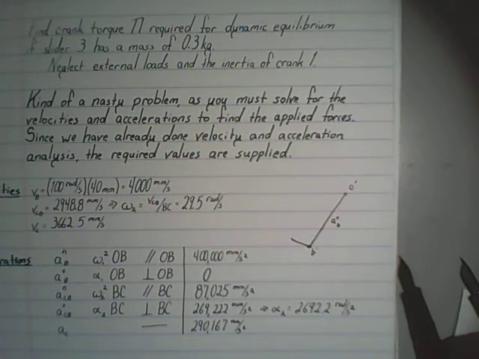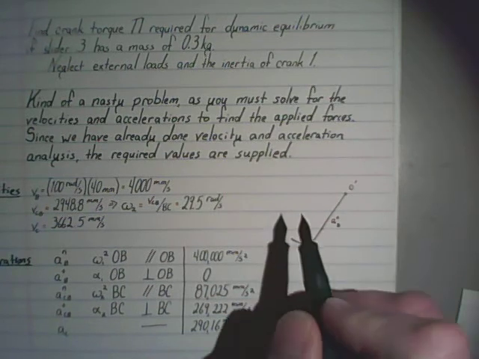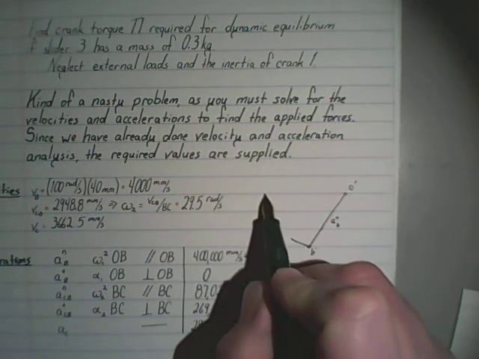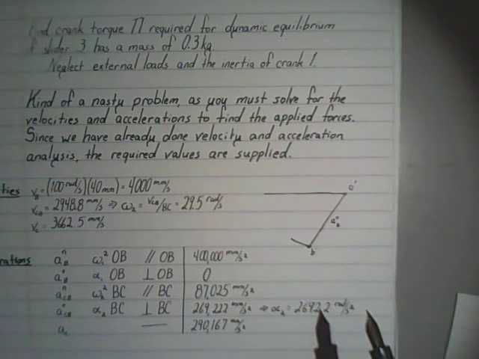Now we have two other accelerations that we simply don't know. All we know is the direction. Those are the tangential acceleration of C with respect to B, and the linear acceleration horizontal of the piston, A sub C. Now, we do know their directions. The piston's velocity and acceleration are both horizontal. It is a slider crank mechanism. So I can sketch a horizontal line of indeterminate length onto my acceleration polygon.